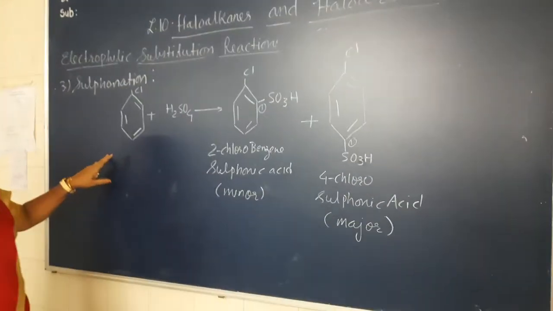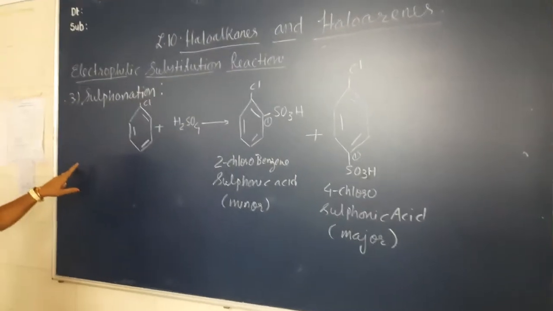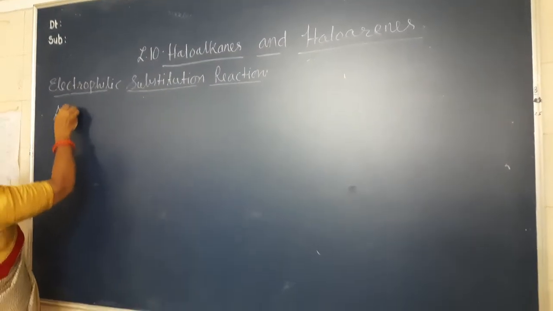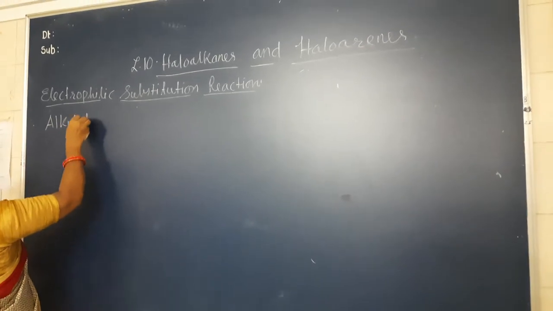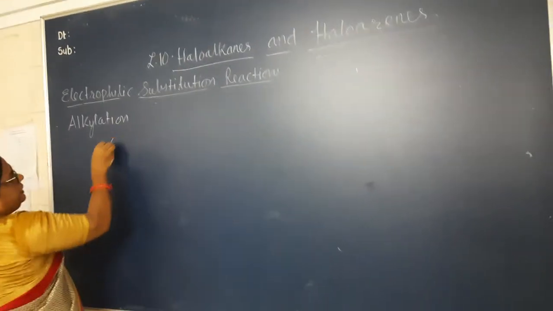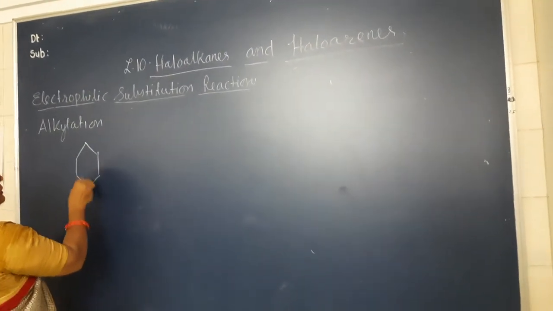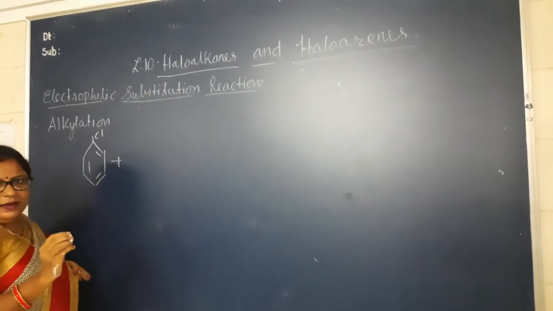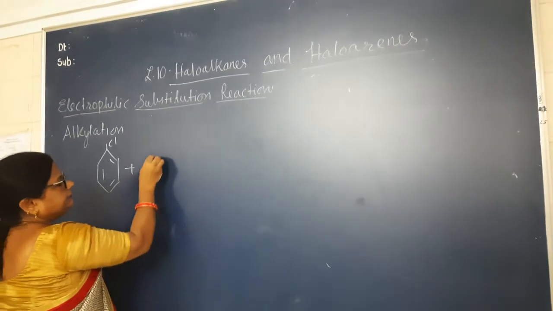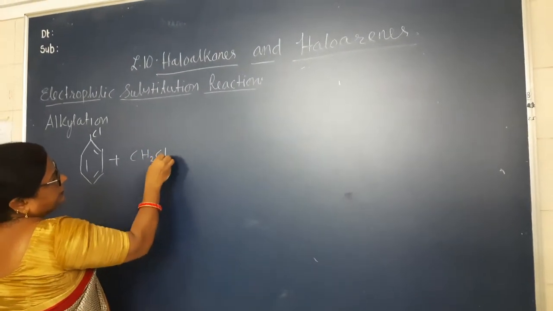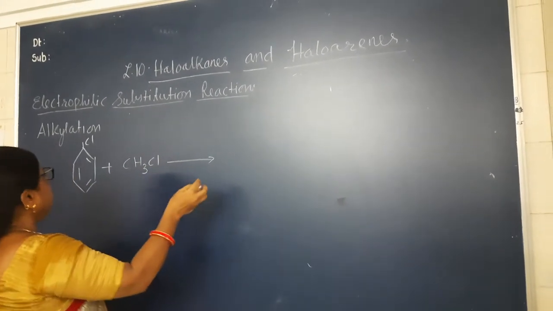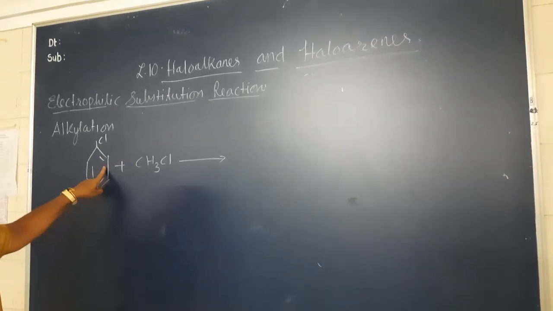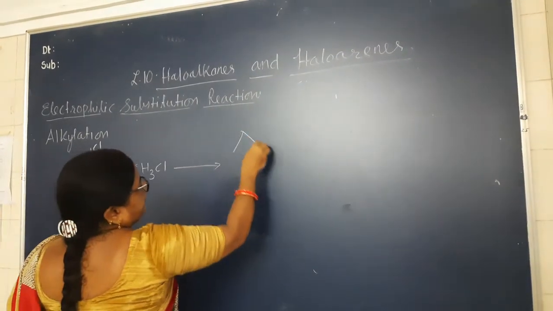Understood, children? Now we will go for the alkylation reaction. Next is the alkylation reaction. So make chlorobenzene first, 1, 2, 3, Cl plus, we have to add an alkyl, so CH3Cl. So CH3 has to join because alkylation has to happen. Take the same two positions quickly.